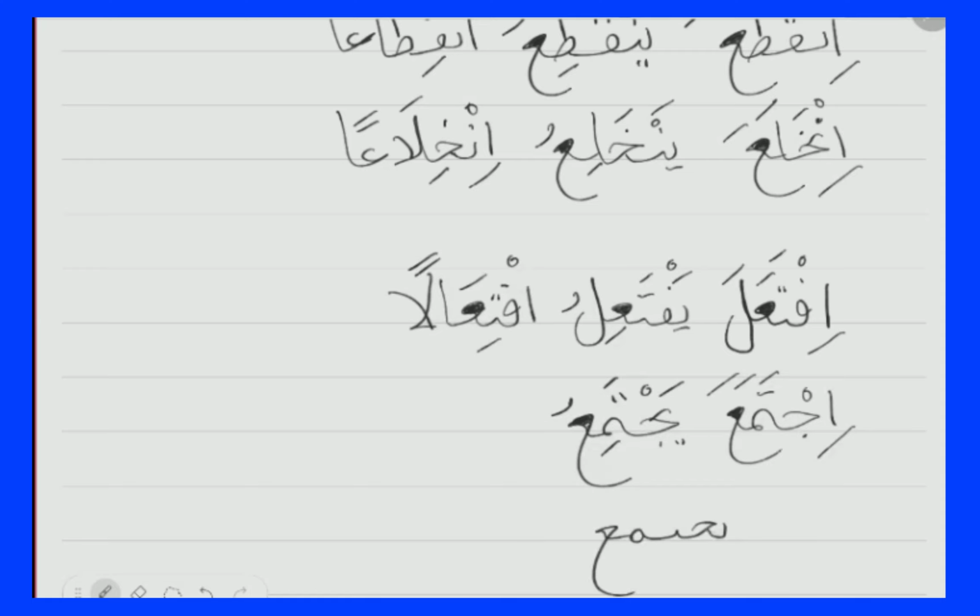I could have written it like this, and maybe some of you want me to write it like that. But it's okay, because you'll get used to it, and then you will have benefited. Ijtama'a yajtami'u ijtima'a. In ifta'ala yafta'ilu ifti'ala. Ijtama'a, to come together, to gather. What about this one?